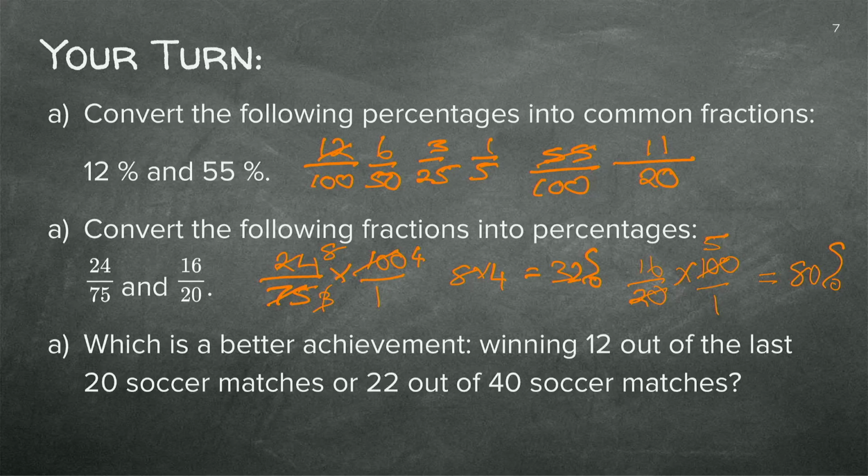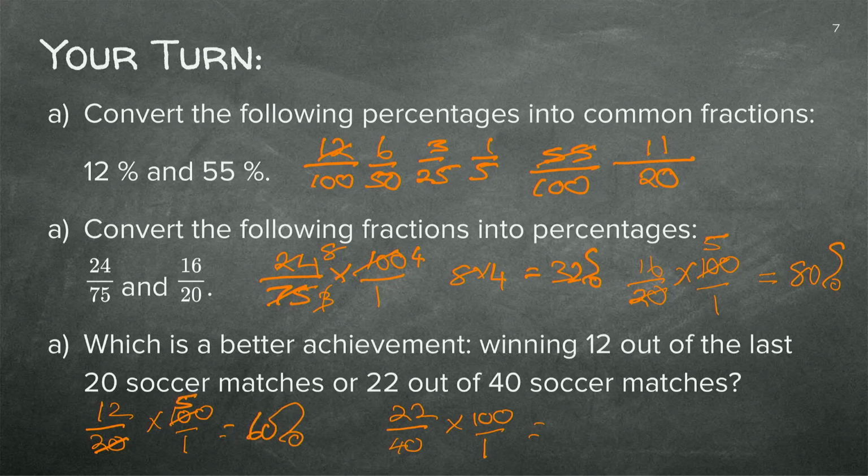We say 12 out of 20 times 100 over 1. And then here we've got 22 over 40 times 100 over 1. So let's see what we are getting here. That's easy. 20 goes into 100, 5 times. 5 times 12 is 60%.